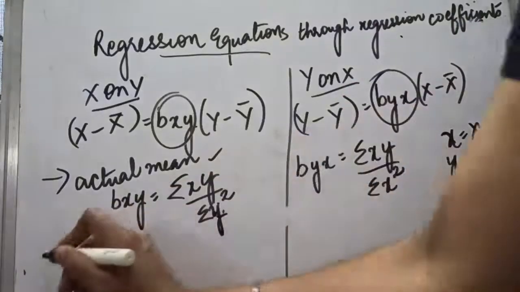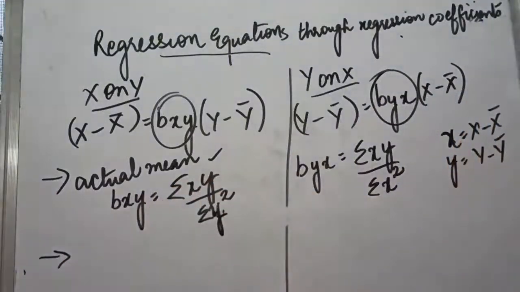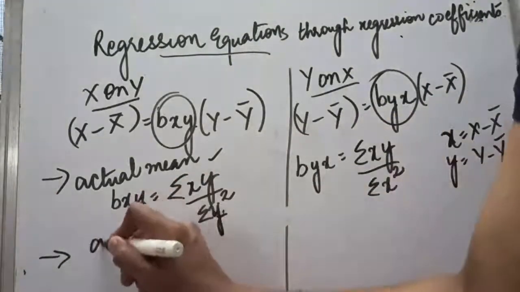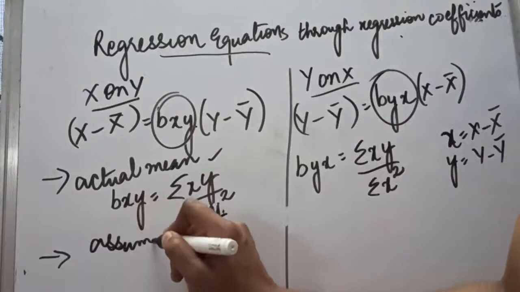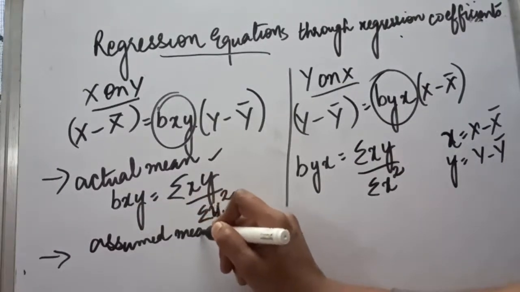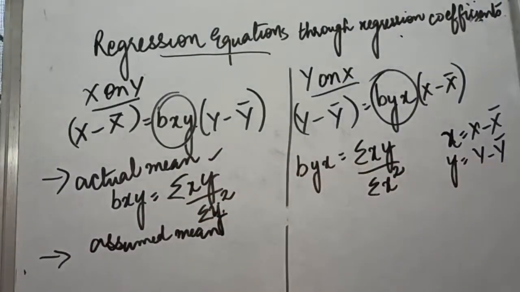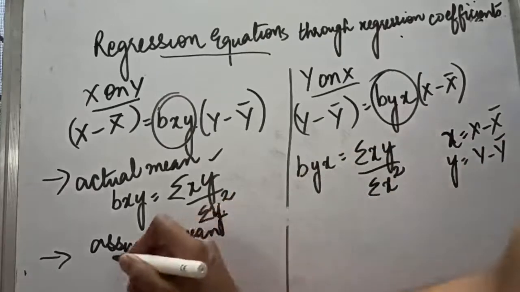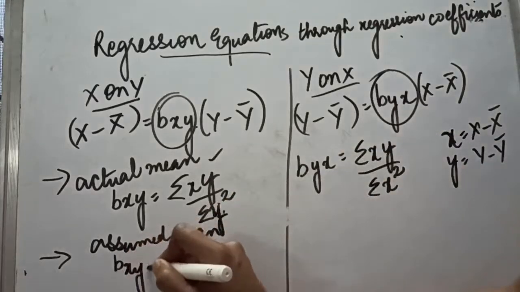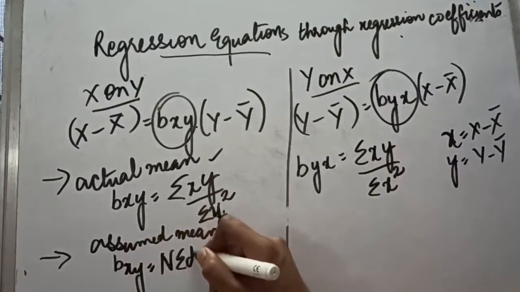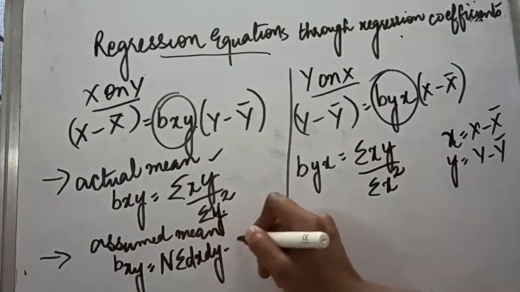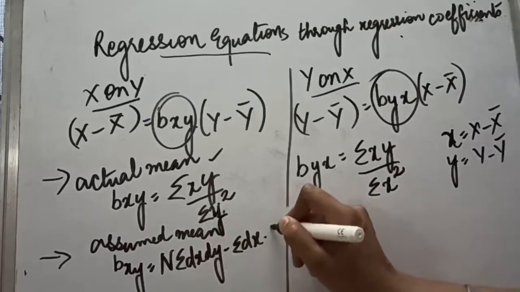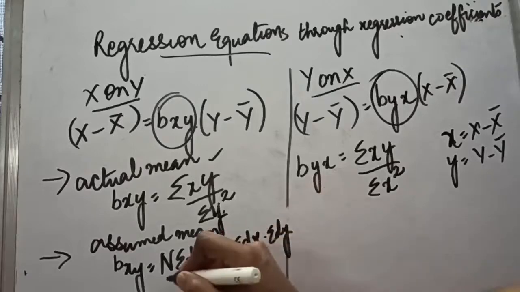Now the second case is when the deviations are to be taken from an assumed mean. When we see that our actual mean is in fractions, in those questions we can make use of the assumed mean method. So here the formula for calculating bxy will be n sigma dx dy minus sigma dx into sigma dy.